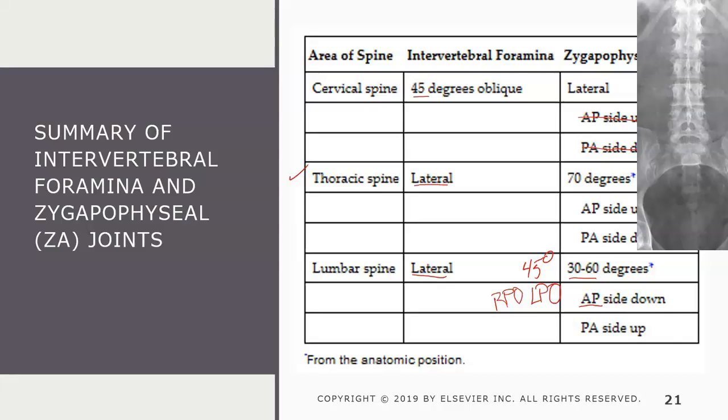The nose of the dog is pointing to the side down, and the ear is part of the ZA that we're looking at. And the lower foot is the other ZA we're looking at.